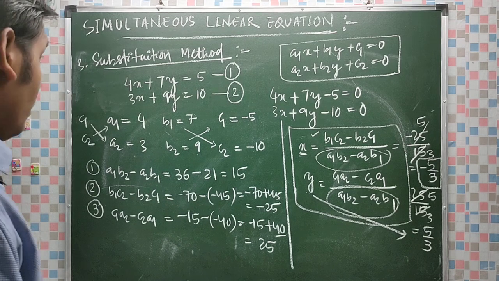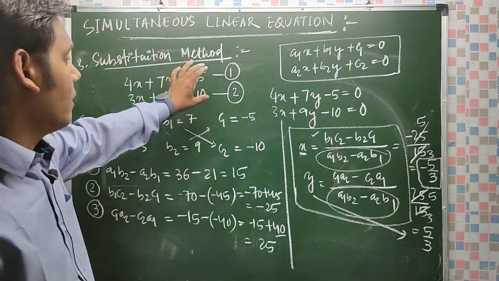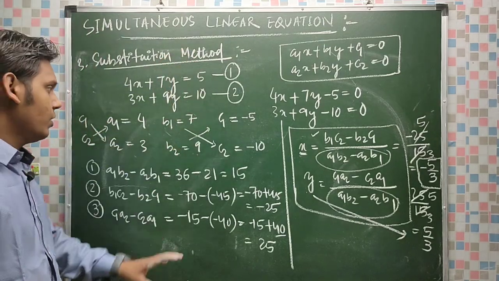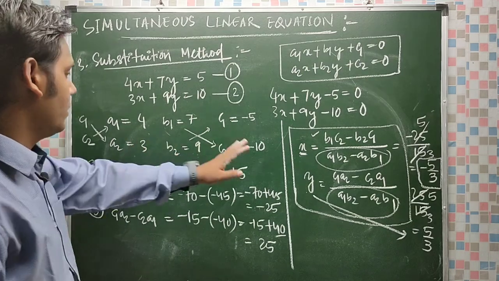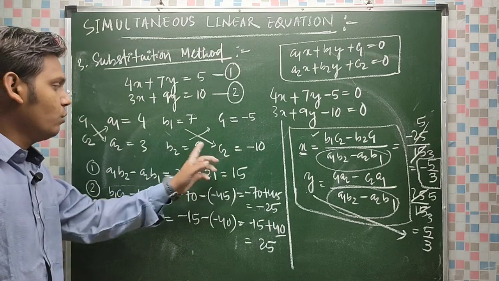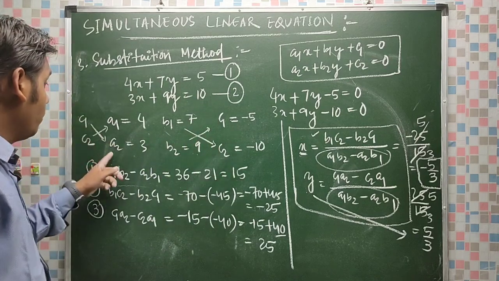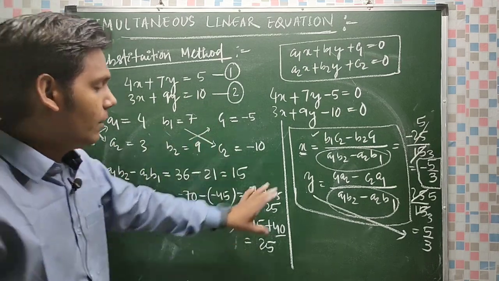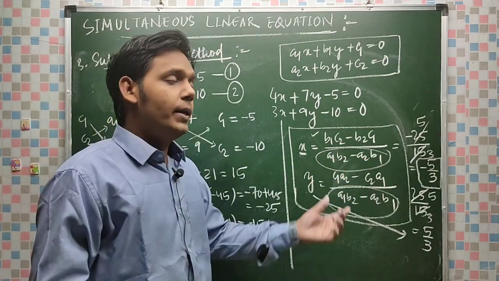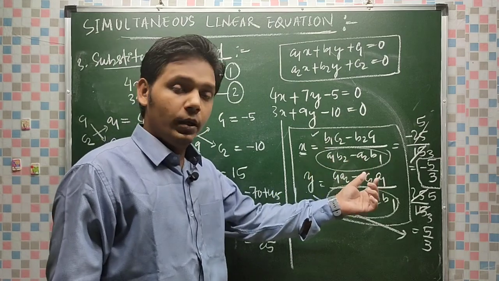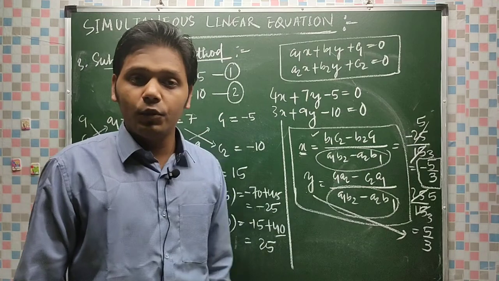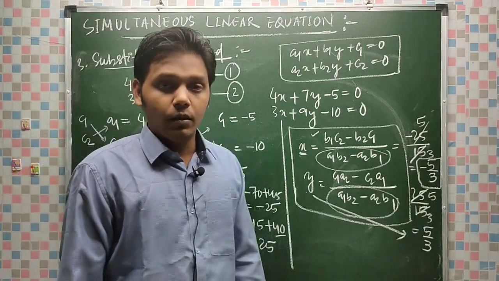What I told you: first you have to take the terms to the left hand side. Thereafter you write the values a1, b1, c1, a2, b2, c2. Then a1 b2 minus a2 b1, b1 c2 minus b2 c1, c1 a2 minus c2 a1. Now you have to learn these two formulas: x is b1 c2 minus b2 c1 divided by a1 b2 minus a2 b1, and y is c1 a2 minus c2 a1 divided by a1 b2 minus a2 b1.